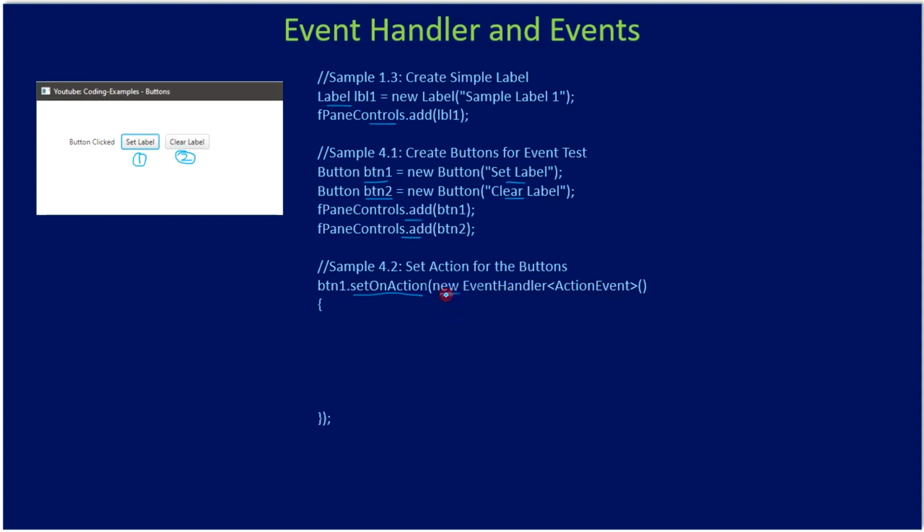That means we are defining the event handler in the function call itself. So this is an example for anonymous inner class type, and we are doing that for our first button. New event handler, and type here we are resolving it as action event.